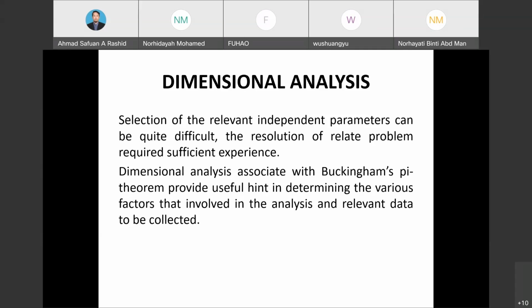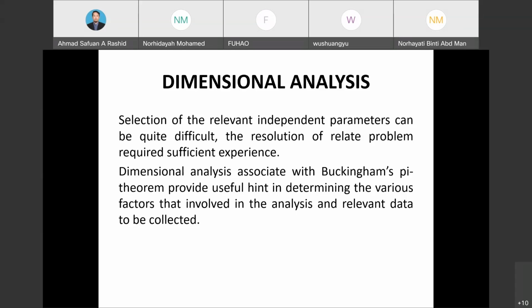Let's say A creates his own equation using this dimensional analysis, and it will be different from B, who creates another set of equations. Again, it depends on the research interest.